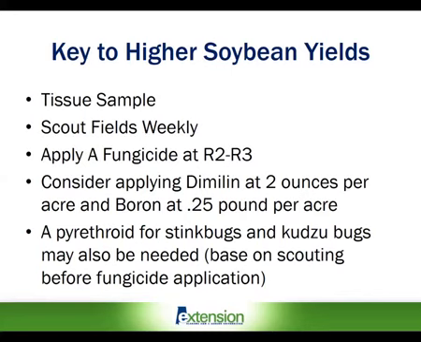I would consider applying Dimilin, which is an insect growth regulator, at 2 ounces per acre. What I've seen is the Dimilin has helped suppress soybean loopers. That's one of our biggest problems. This may help us alleviate a soybean looper application later in the year.